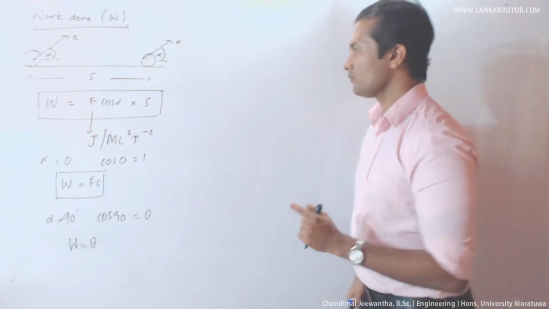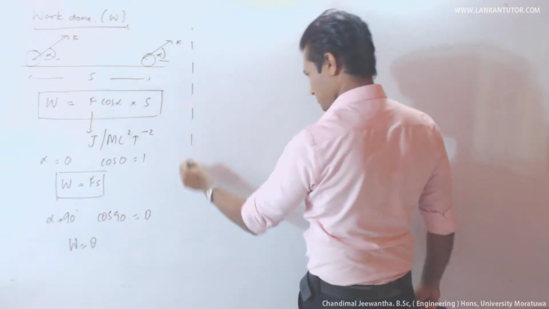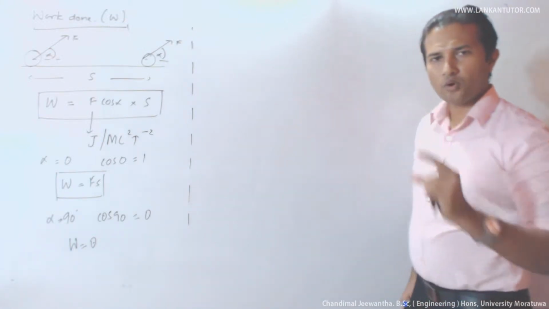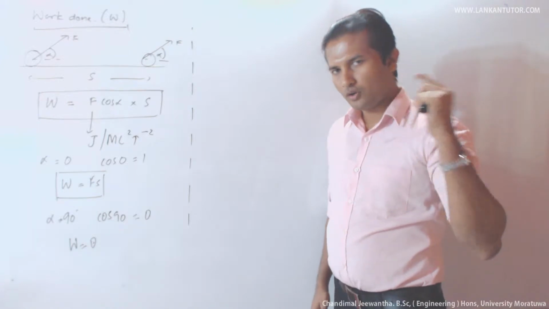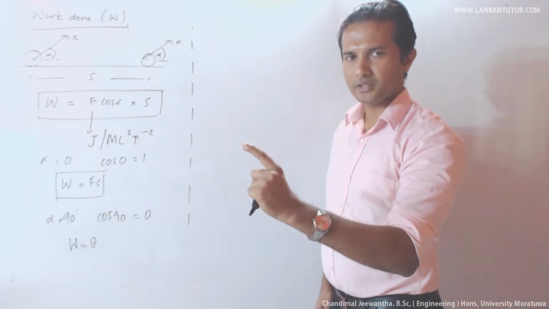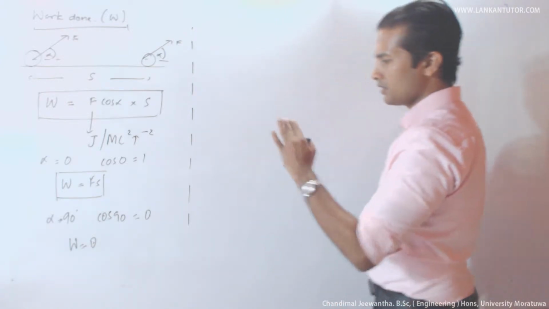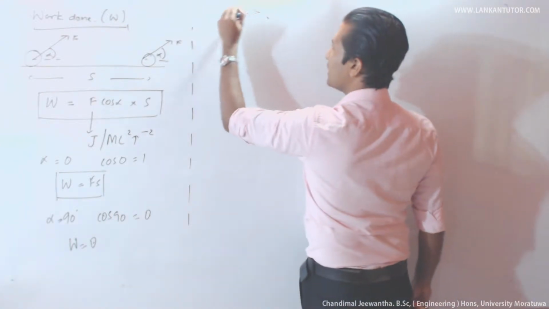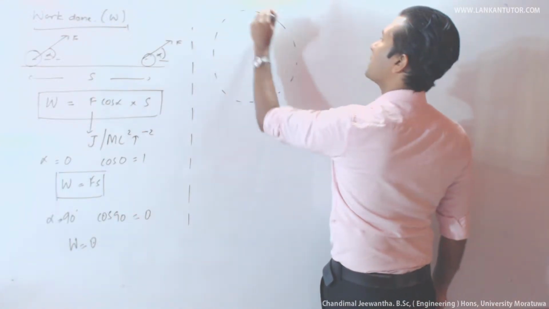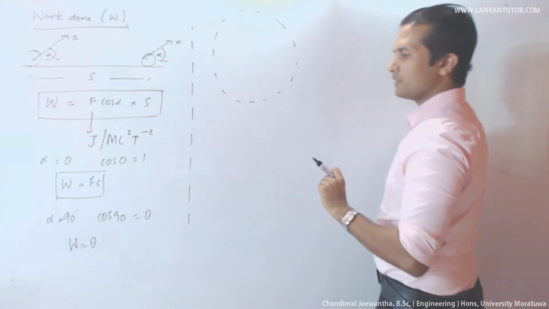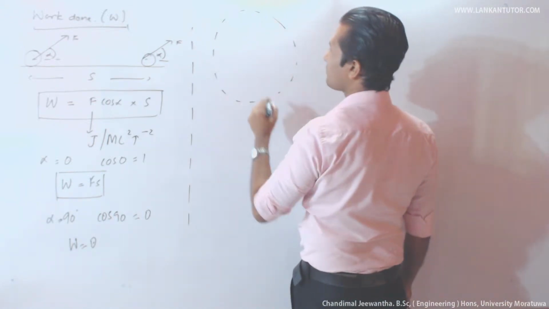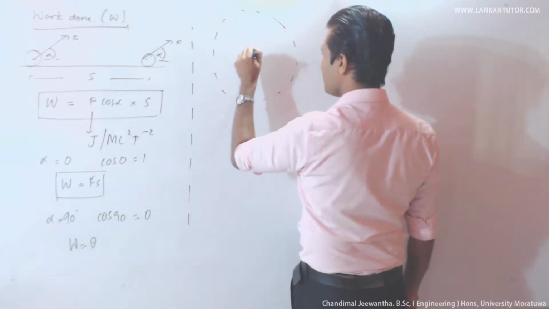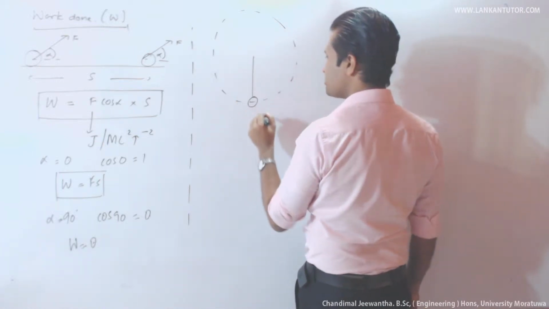When the force is perpendicular with the displacement of the object, you can conclude the work done by the force is 0. For example, you can consider this object.